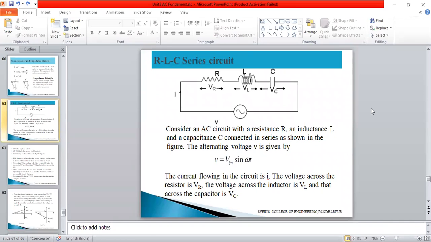For the RL circuit, does current lead the voltage or does voltage lead the current? Voltage leads the current by an angle of phi.